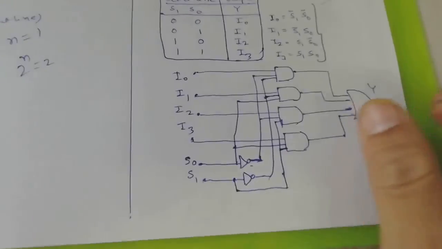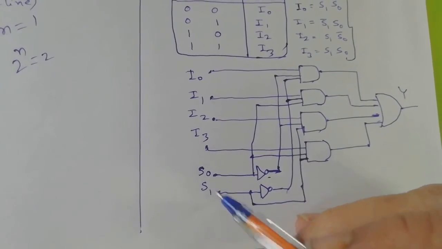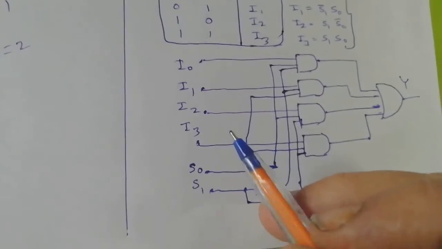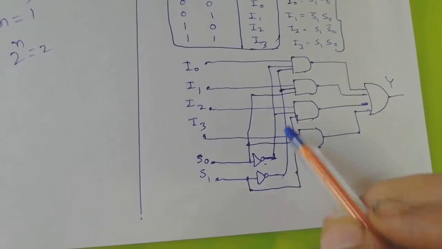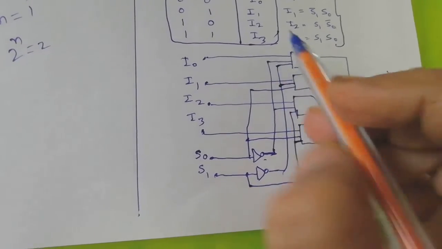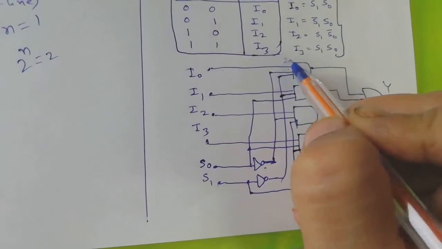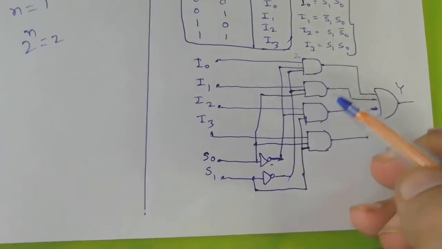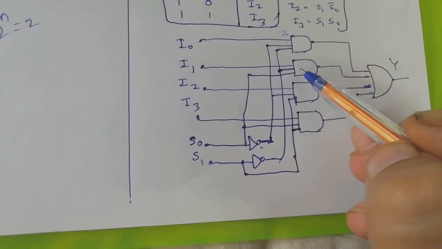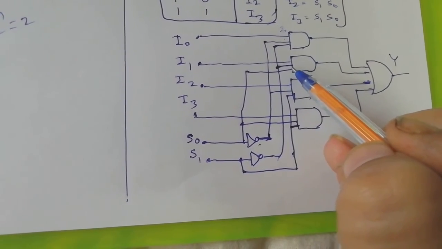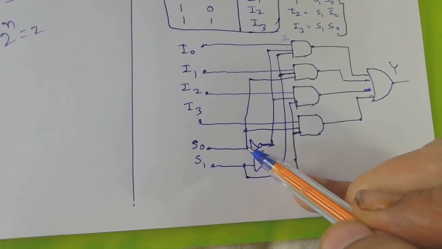So let us see the working now. Suppose we give both S0 and S1 as 0. So let us see what will happen. When both are 0, as we can see, here it will be I0, here it will be 1, here it will be 1, and here is 0. Let us see what about the remaining gates in that case. If we see this input, it is coming from here, and here you know that it is 0.